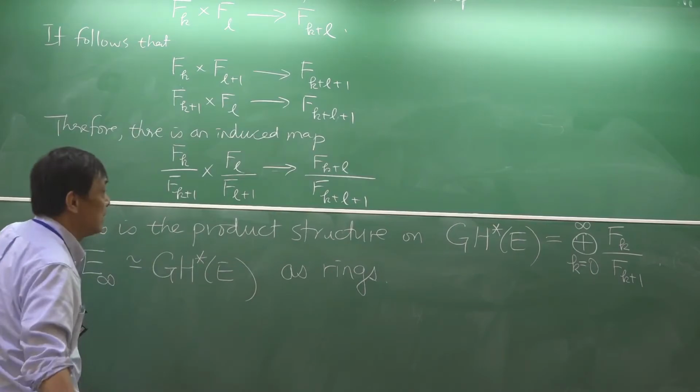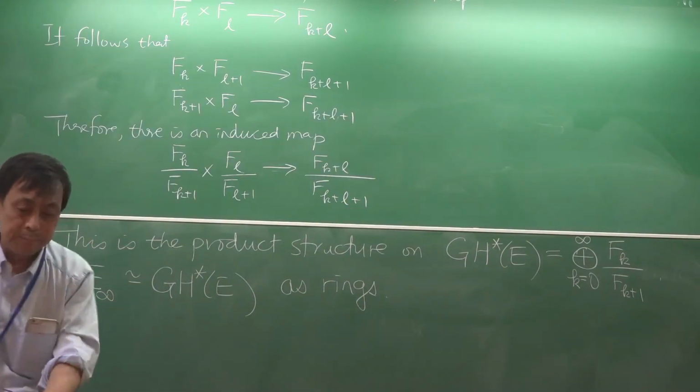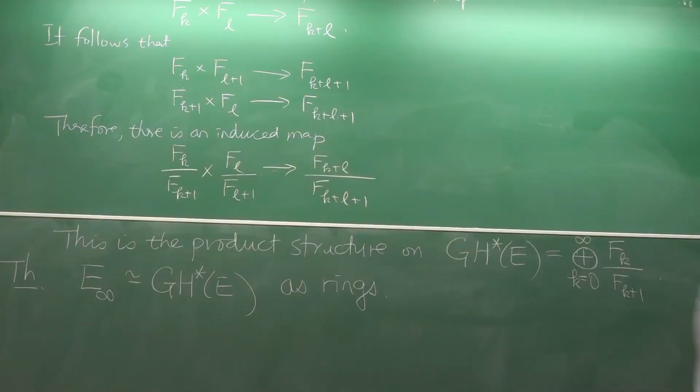So let's look at an example. Let's look at U2, the cohomology ring of U2.